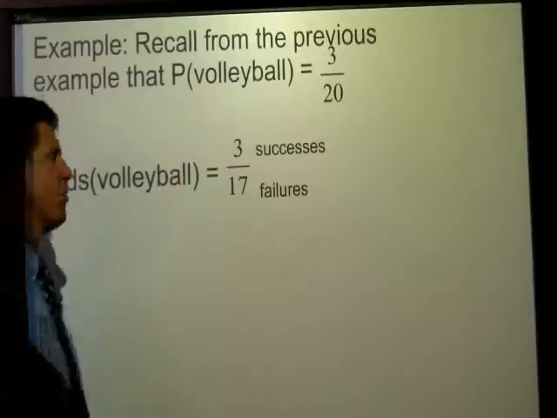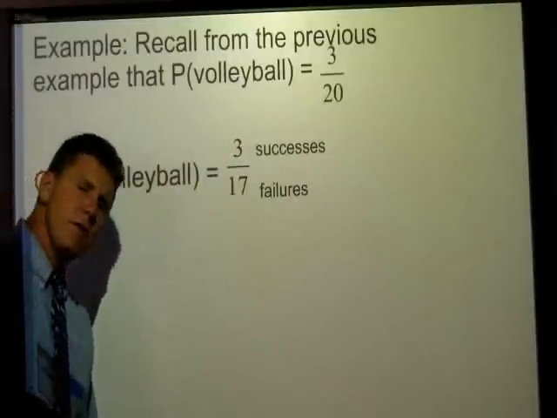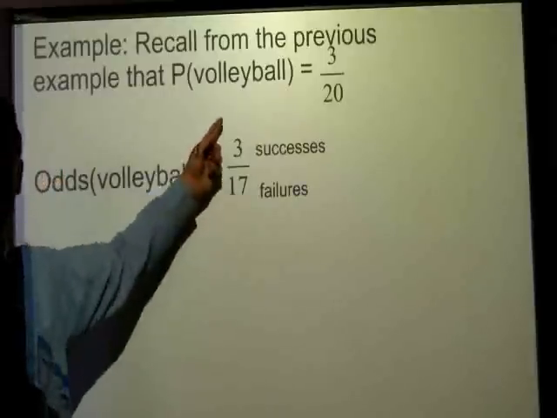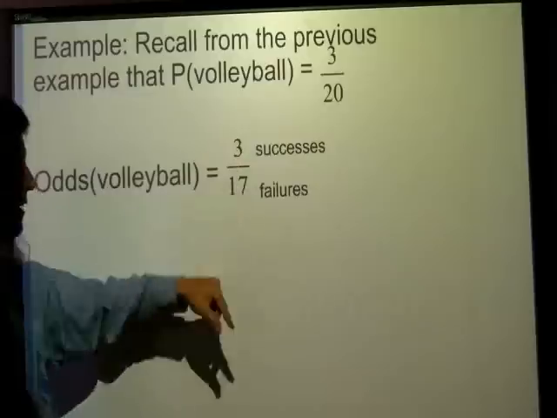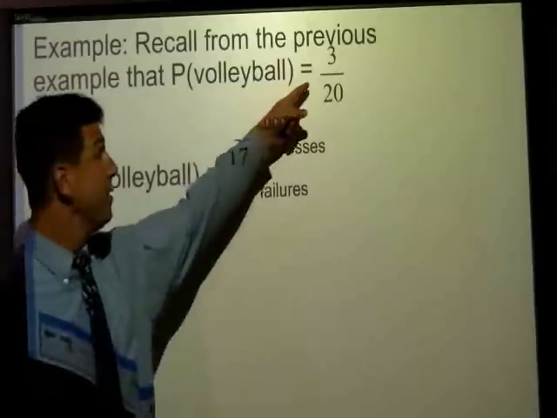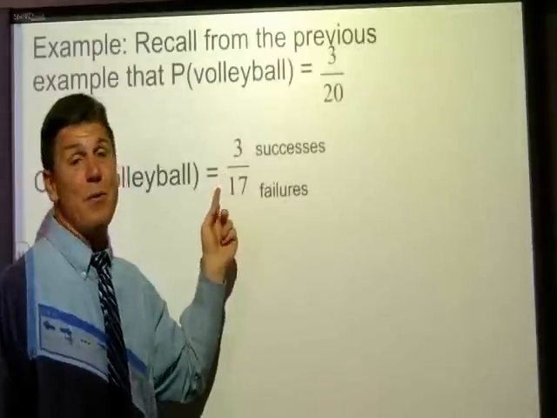But what odds does is directly compare the successes to the failures. The nice thing about odds is that you can see which is more likely, a success or a failure. In this case, the failure is much more likely than a success. There are many more ways to fail than to succeed. The nice thing about probability is you can turn probabilities into percentages. You can't really do that with odds.